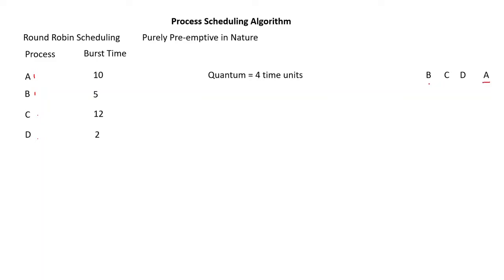Now B will execute. After B is done, B will be shifted back after A, then C, then D, and finally again A will execute, since A has by that time moved to the head of the queue.